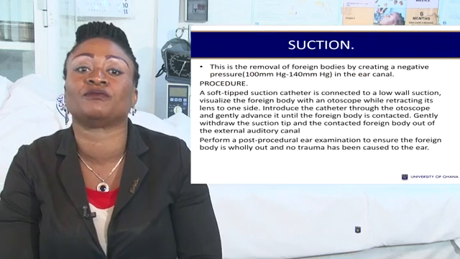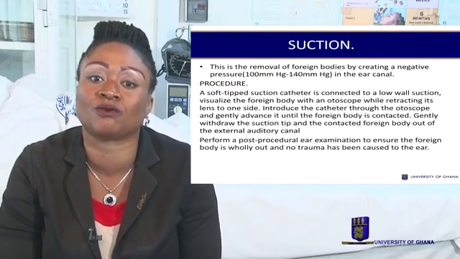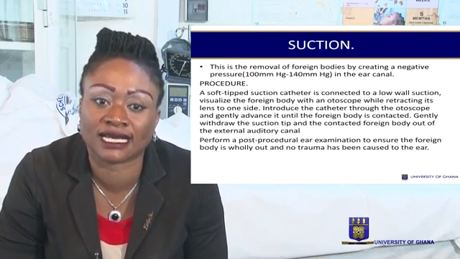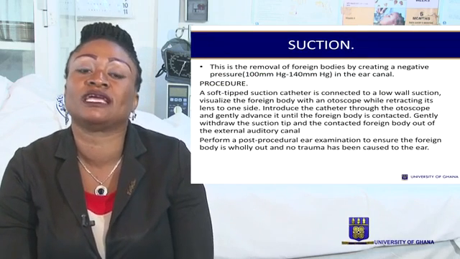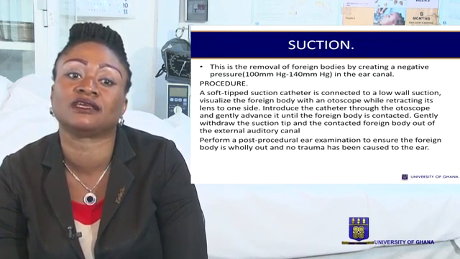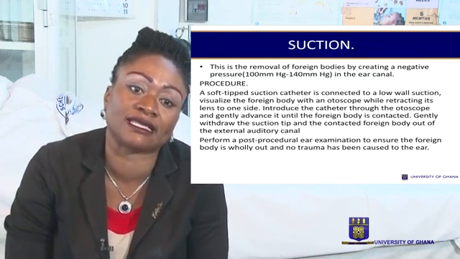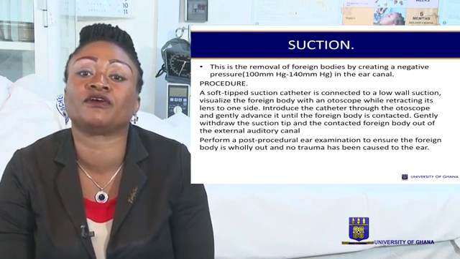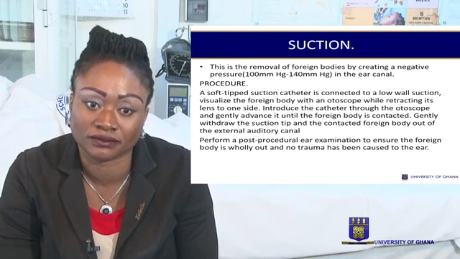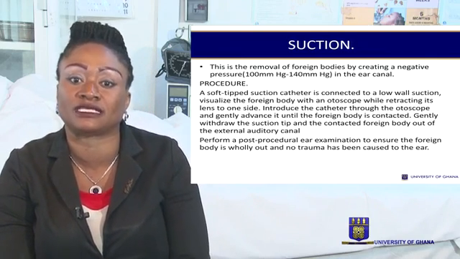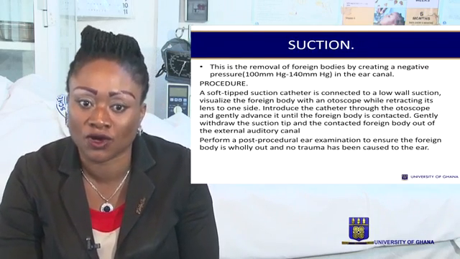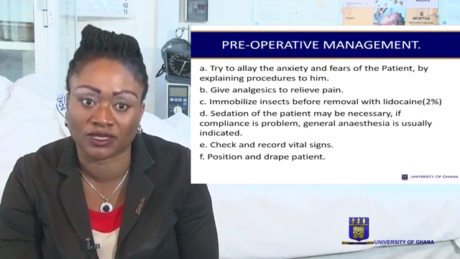You visualize the foreign body with an otoscope while retracting its lens to one side, and then the catheter is introduced through the otoscope, gently advanced until the foreign body is contacted, and the suction tip is gently withdrawn, and the foreign body comes out externally through the auditory canal. Again, a post-procedural ear examination is done to ensure the foreign body is wholly out and no trauma has been caused to the ear.